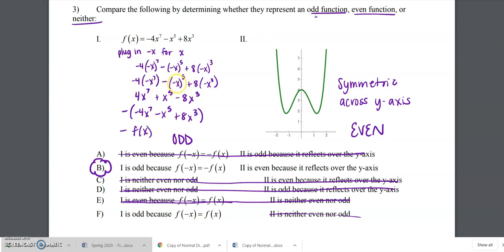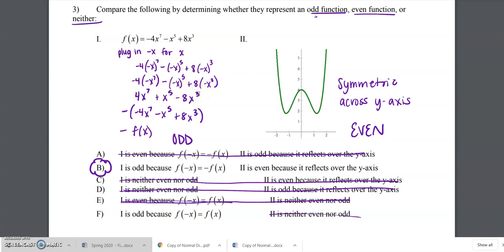Same thing here: negative x to the 5th times a negative will give you positive x to the 5th. Same thing here, 8 is positive, so you've got negative x cubed times a positive 8, which gives you a negative 8x cubed.